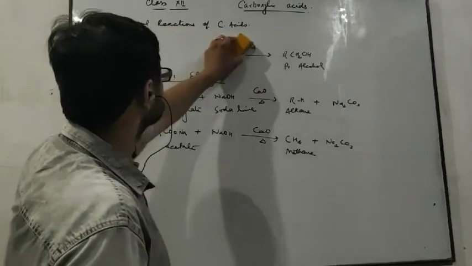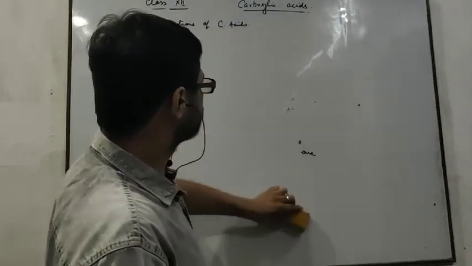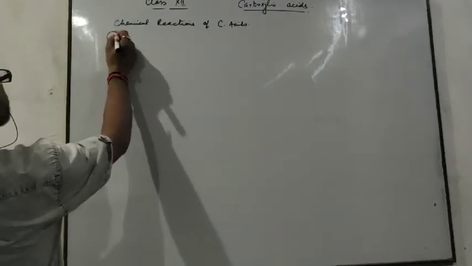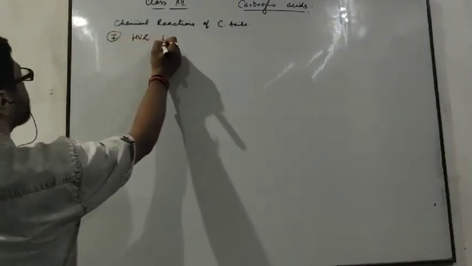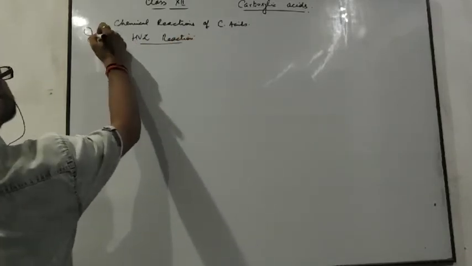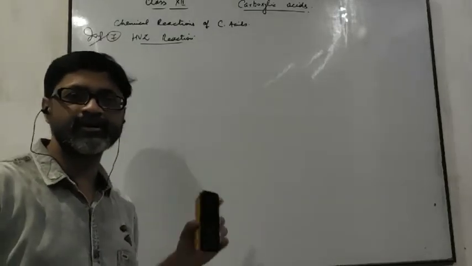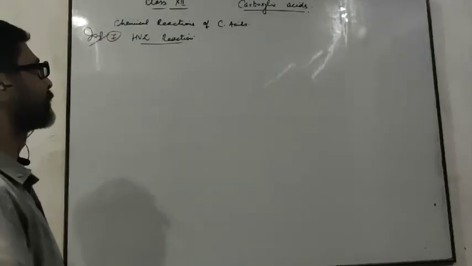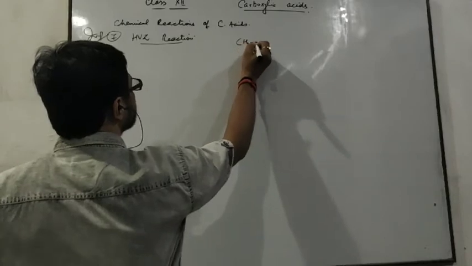Next, the seventh one is a very important reaction shown by those carboxylic acids which have alpha hydrogen. This one is known as HVZ reaction. What is alpha hydrogen?